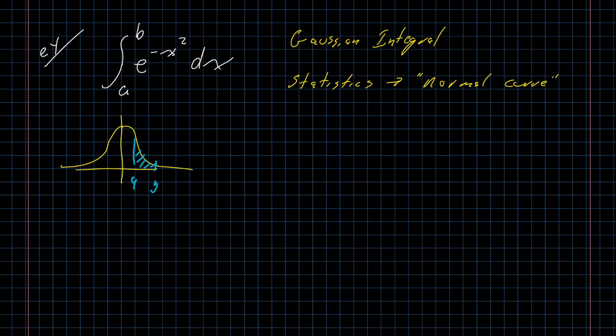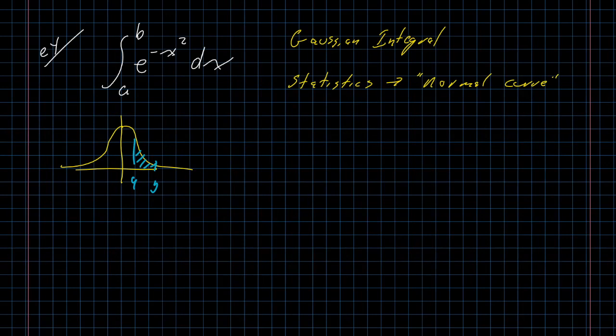I will mention that this is something that is actually well known. If you take a course in statistics, you are handed a table where somebody has done this integral for you for basically every interval that might matter, and you can do some algebra and geometry tricks to figure out how to get your number off of that table. But it is possible to do by hand, although it's very difficult.